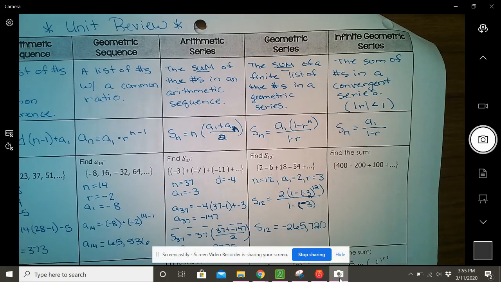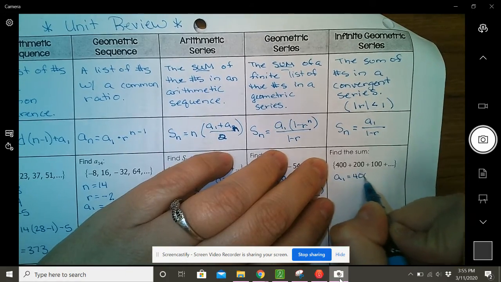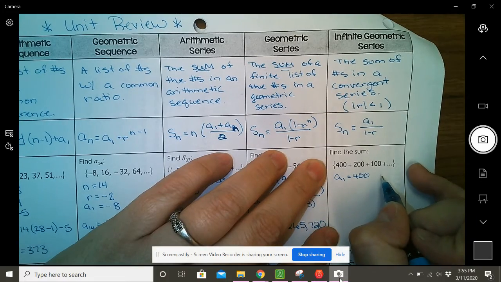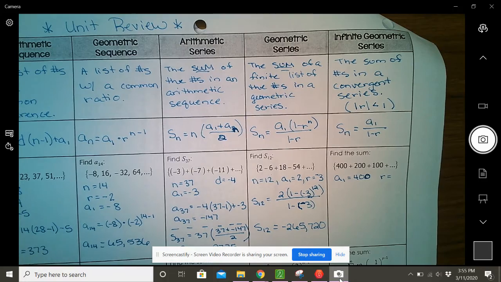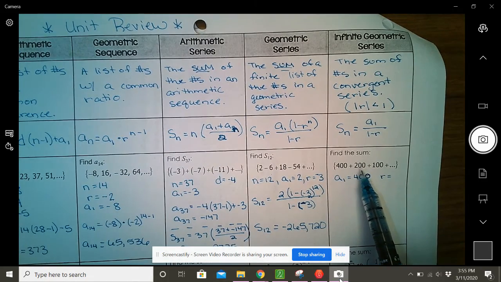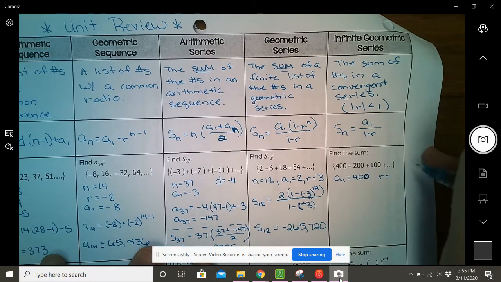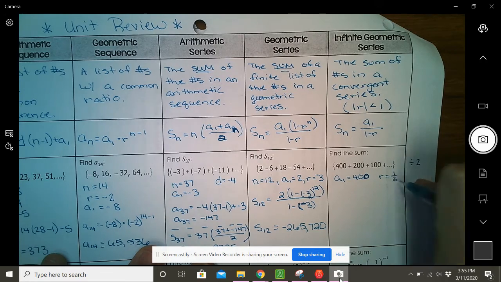All right, so some things we need. We're going to need our first term again. A sub 1 here is 400. And then the only other thing we need is our R value. Now the R value is going to tell you whether it's convergent or not. So what do we do to get from 400 to 200 or from 200 to 100? We divide by 2, which makes our R value 1/2.